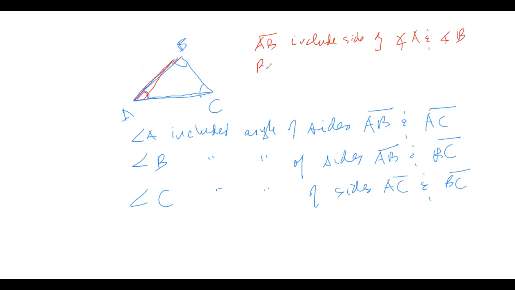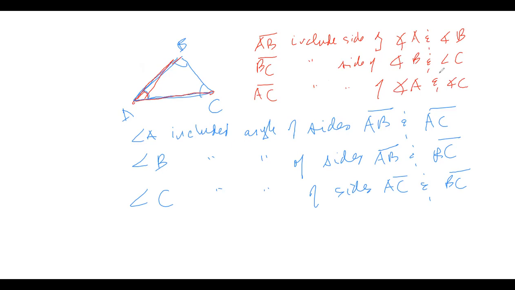What about BC? BC is the included side of angles what? B and angle C. And then what about AC? AC here, these end angles will include it. So AC is the included side of angle A and angle C.